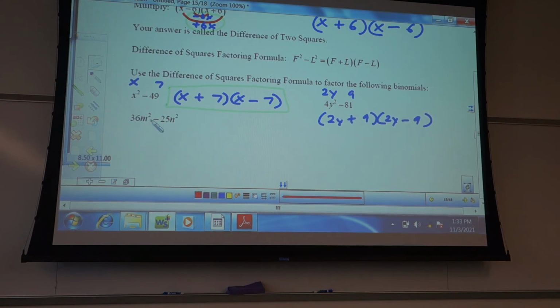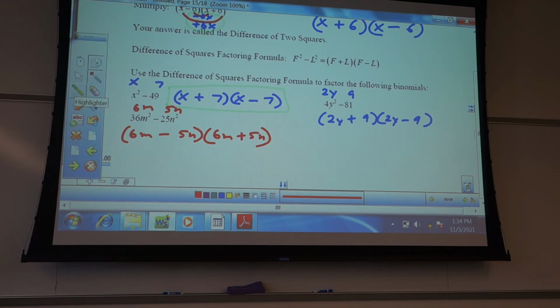This one over here, 36m squared comes from 6m, 25n squared comes from 5n, so it's going to be 6m, 6m, 5n, 5n, one plus and one minus. You can do either order, doesn't matter. You do the minus first and then the plus, either one. Okay, good? Let's move on. Correct your answers if you need to.